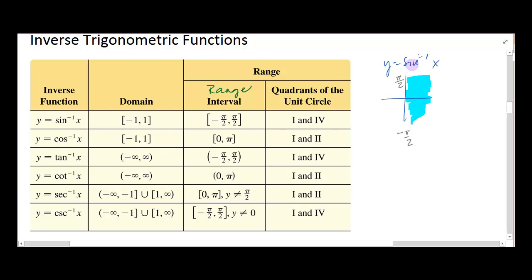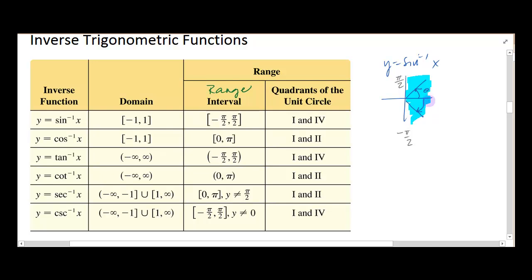The answer of my inverse sine function is going to lie somewhere between 0 and pi over 2, so that would be this angle theta, or it has to lie down here between 0 and negative pi over 2. So we have to move in the negative direction.